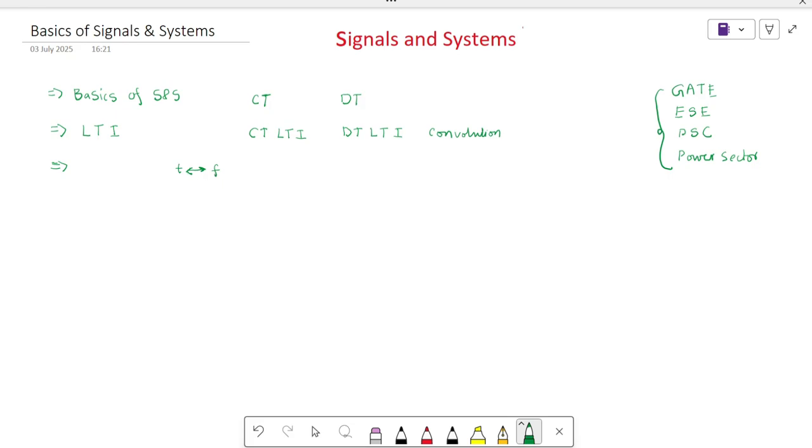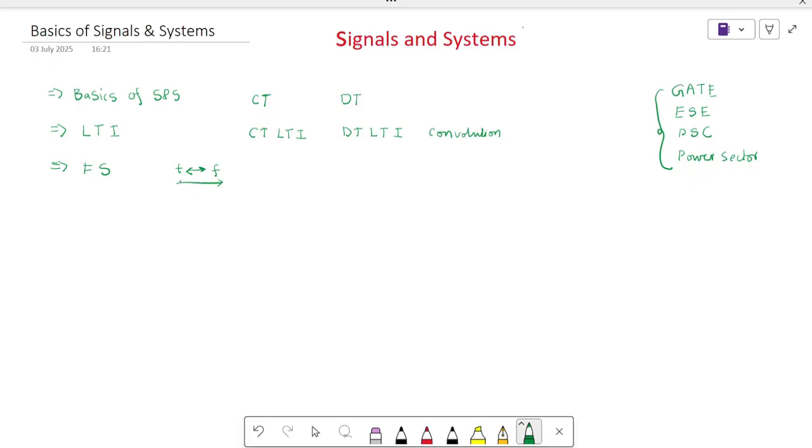If frequency to time, it is called inverse transform. The first technique used for converting between the time domain and the frequency domain is called Fourier series.